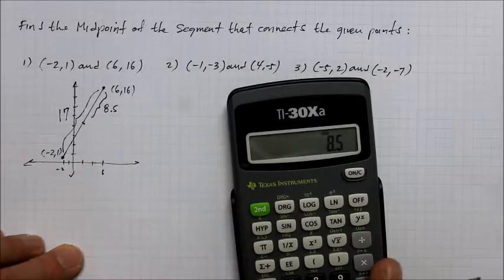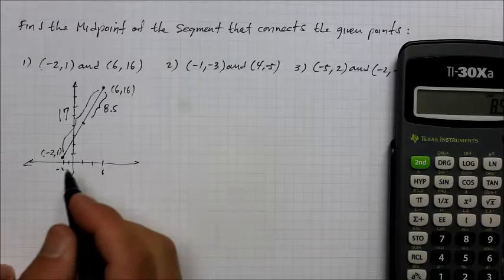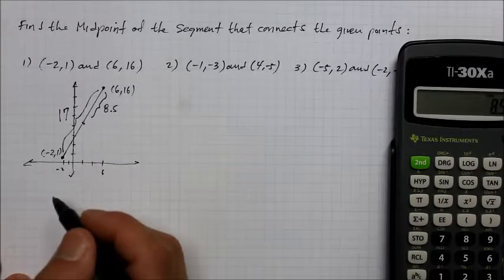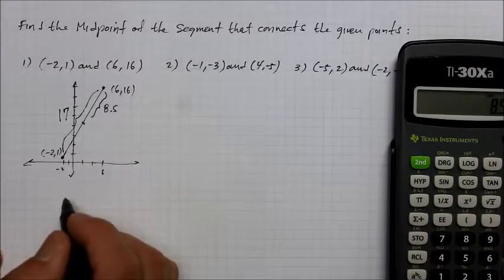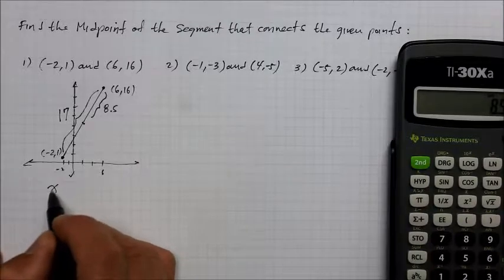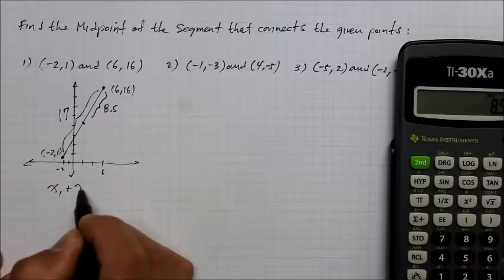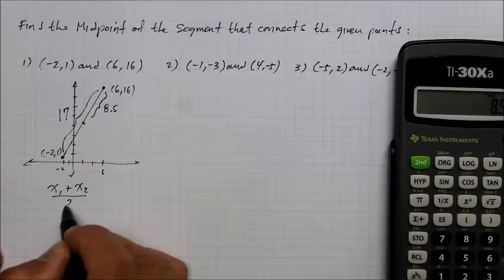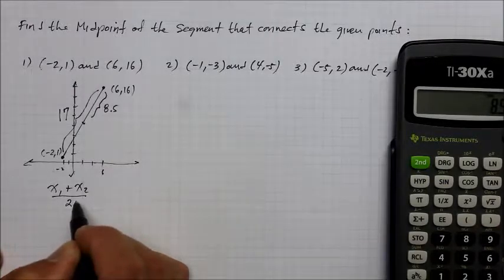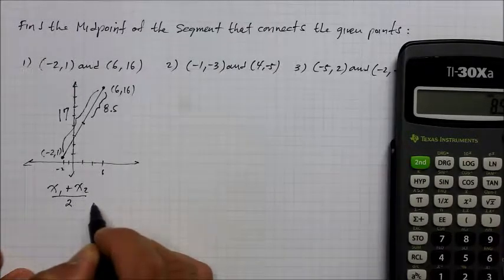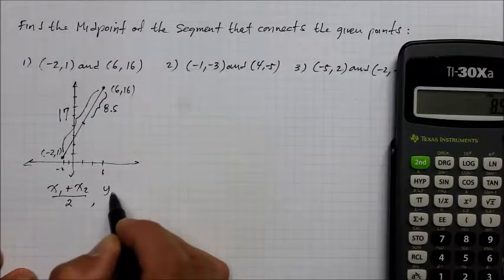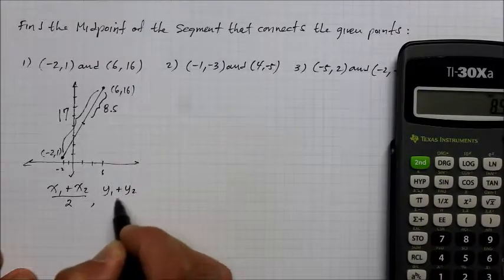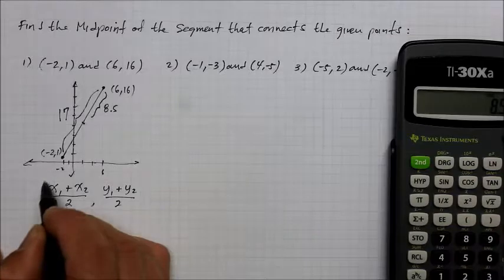I don't know. So to find that, we use a formula, it's not even really a formula, it's finding the midpoint. And it is given as x sub 1 plus x sub 2, divide that by 2, and that will give you the x-coordinate of the midpoint. And for the y, it's y sub 1 plus y sub 2 divided by 2.